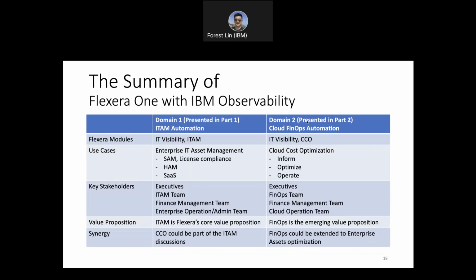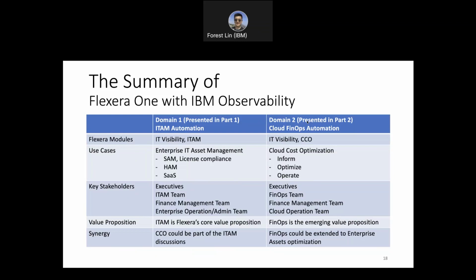And the key stakeholders are a little different. IT asset management automation is mostly about the enterprise, where the team is mostly concerned about enterprise software like IBM, Oracle, and VMware. For FinOps, the team is mostly concerned about cost for the public cloud: Azure, AWS, Google, or other clouds.